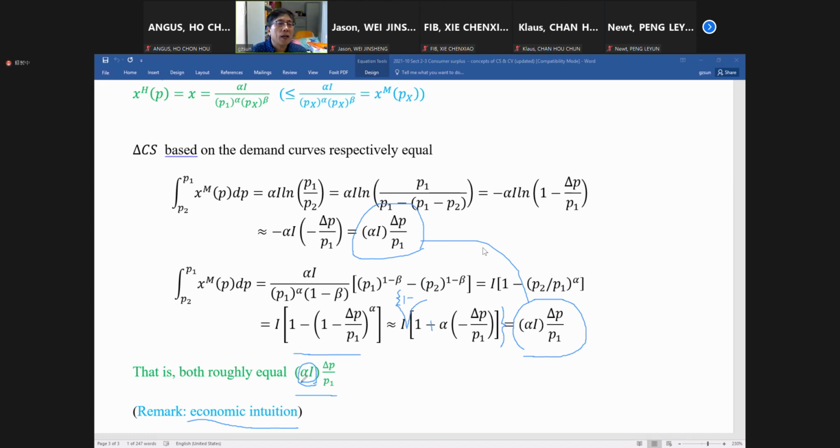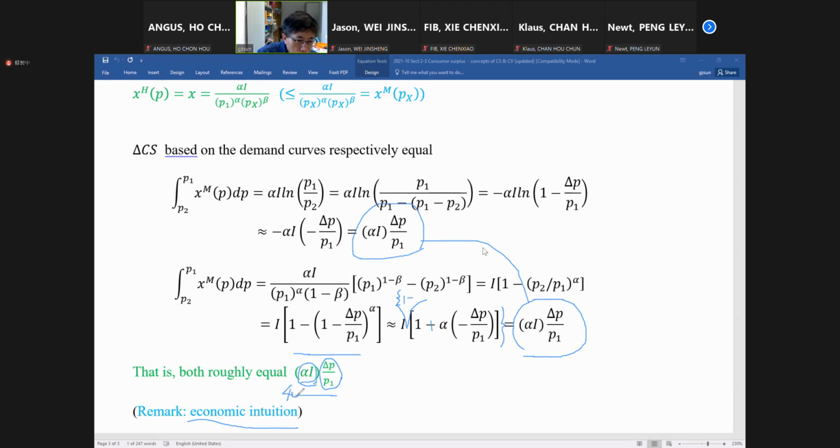Now April becomes cheaper. How much? This is the change in price. For example, I spend $40, I have $100, and alpha equals 40%. That means I always spend $40 on April.